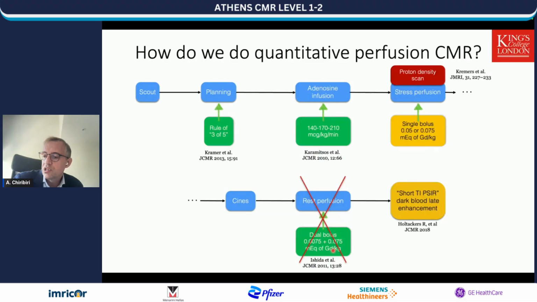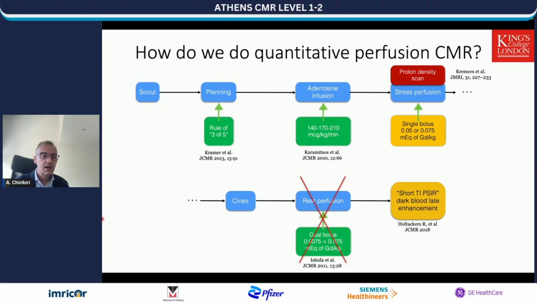This kind of image can be hidden, so you don't have to worry about it, or can be displayed by some of the software, so if you want to post-process it or keep quality control, you can still do it. It really depends on the solution that you're using for quantitative analysis. And then all you have to do is inject the adenosine. At 3 minutes, you inject the gadolinium, acquire the scan, and in very few seconds, you will get the maps directly represented on the scan.